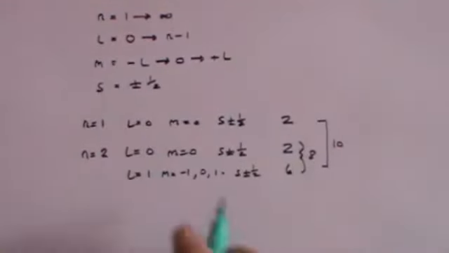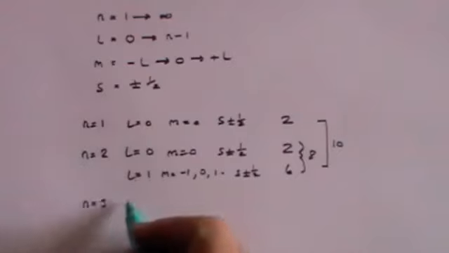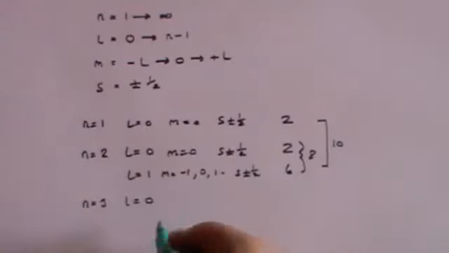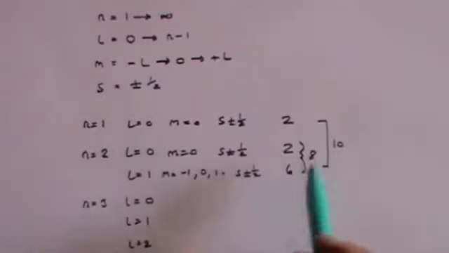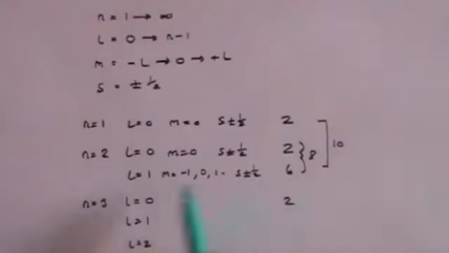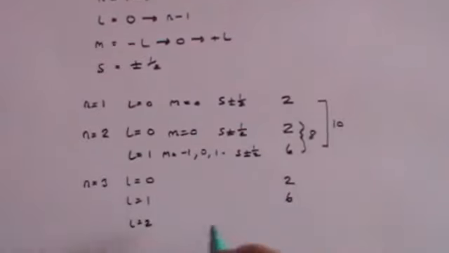If we move on to the next shell, n equals 3, then the options are that L equals 0, L equals 1 or L equals 2. If L equals 0, you're going to get exactly the same thing as here, 2 electrons. If L is 1, you're going to get the same thing here, 6. And if L is 2, then M is going to be minus 2, minus 1, 0, 1 or 2.